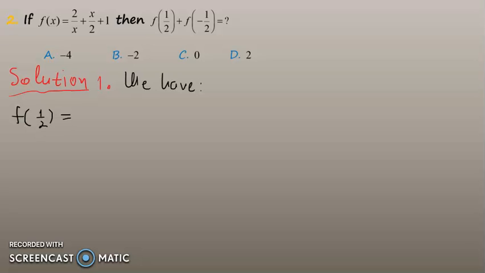It says f of x is 2 over x, so in our case 2 over 1/2, plus x over 2, in our case 1/2 over 2, and plus 1.